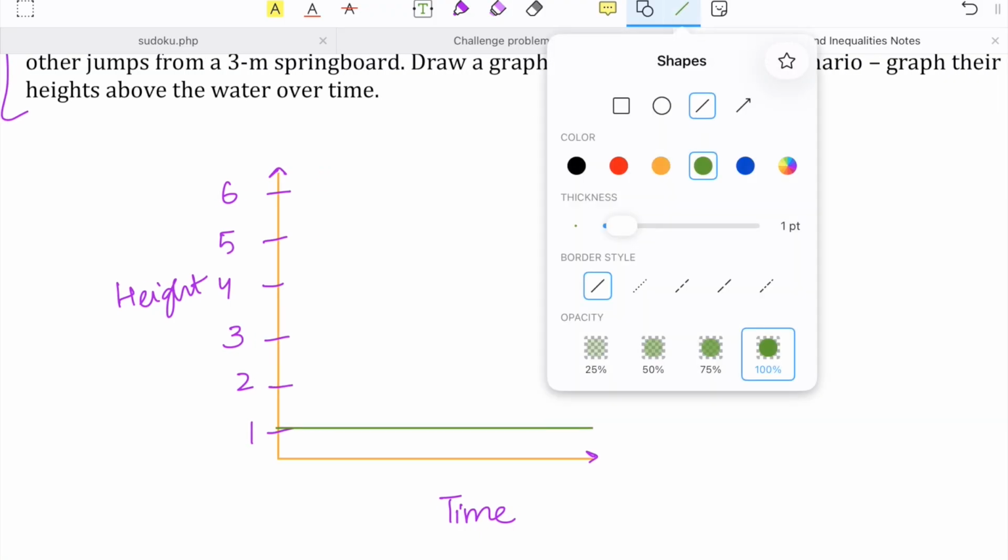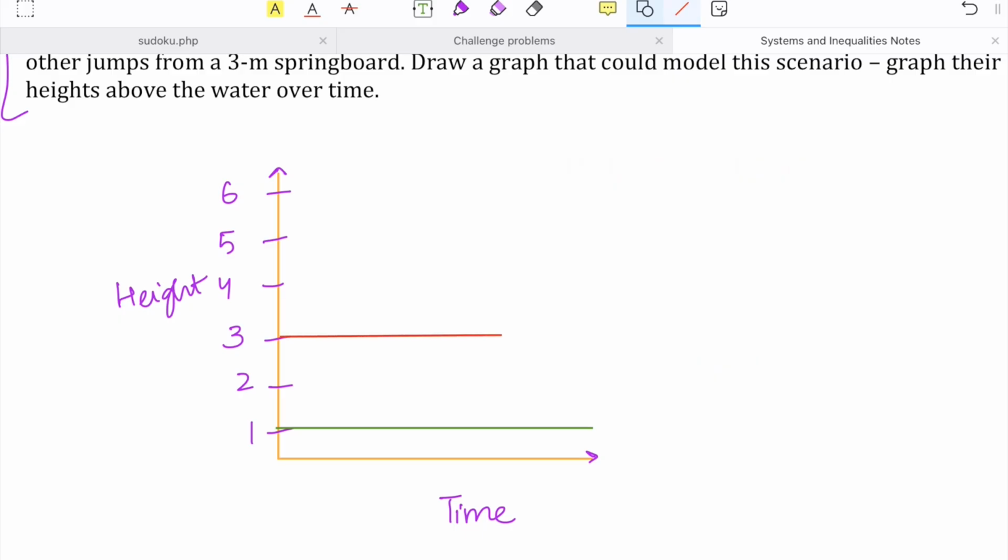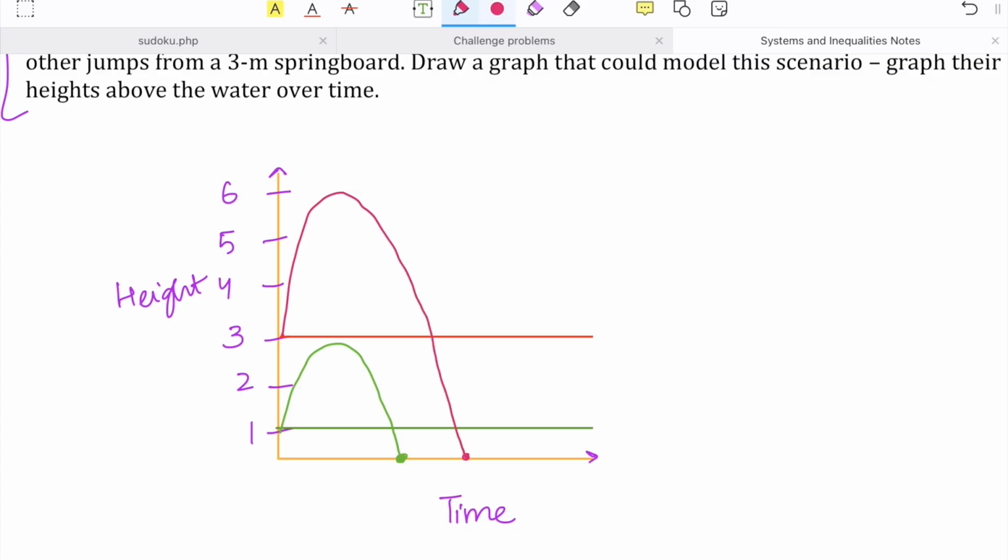Oh, aren't we graphing their heights above the water? Yeah, because they will be going above the water, right? I thought so. Over here, this wouldn't be that big of a jump, it would be like this over time. Because the springboard is small, it would be like that, and the time would be more too, because they'll be in the air for longer.